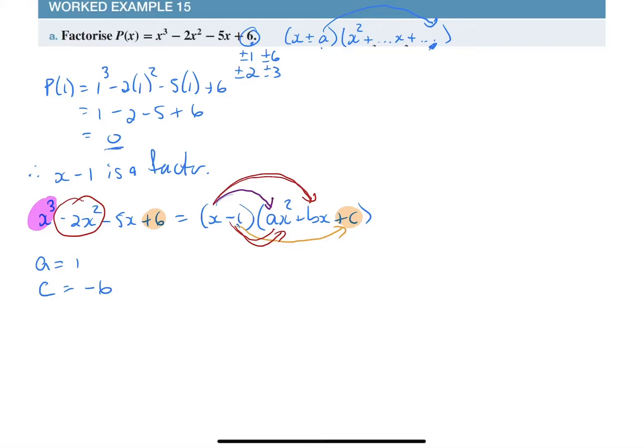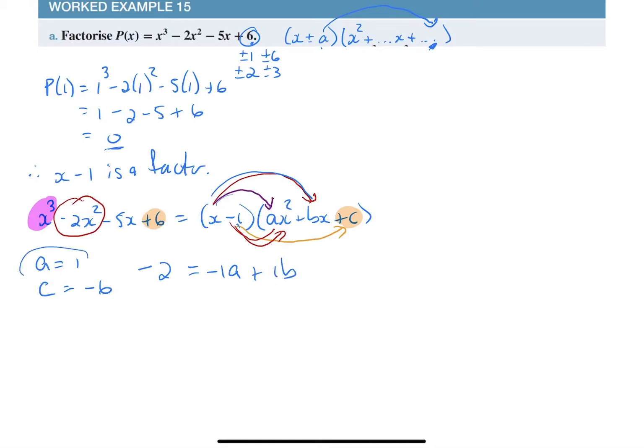plus b. Okay, so I'm going to say that the b value over here, I'm going to say minus 2, the minus 2 that I get, is going to be minus 1 times a, plus the one that I get here, x plus b, or 1 plus b, which is 1b.